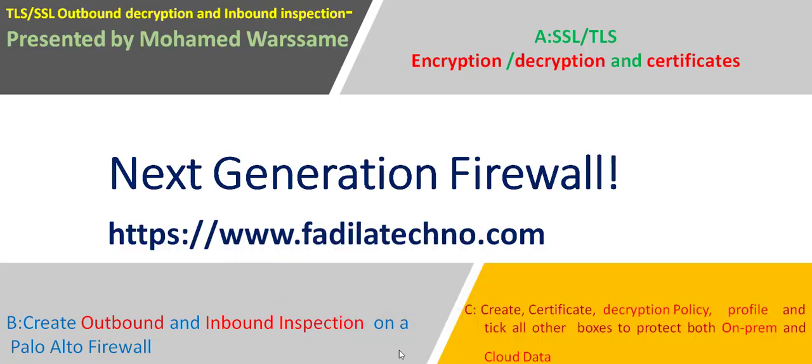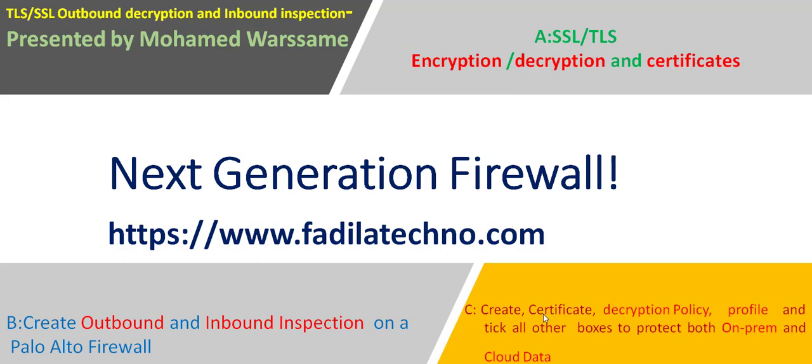What we said was that we create an encryption, decryption certificate. We did that. We went to CD. We created an outbound certificate this time, not inbound. We created the certificate as a trust certificate. We created a decryption profile. We went to Objects, then Decryption, that OP.